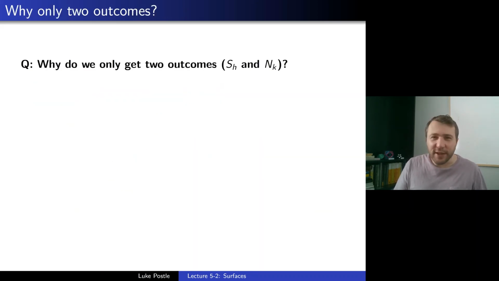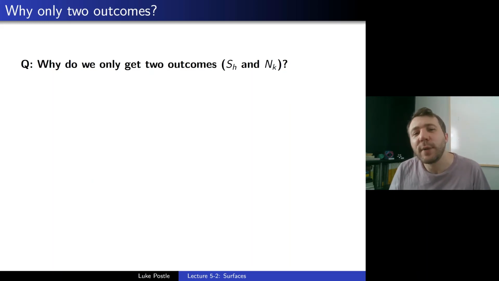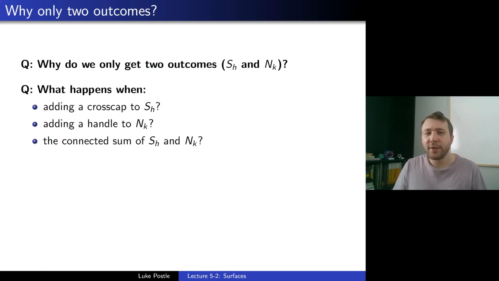You should think about that: why are there only two outcomes? Why do we only get the S_h and the N_k? Why do we only get these two families, the orientable and the non-orientable? Let me be more precise about what I mean. Think about the proof I'm sketching for you. We have these operations of connected sum, adding a cross cap, adding a handle. What happens when you add a cross cap to S_h? What if we have S_h as our smaller surface and then we add a cross cap to that?